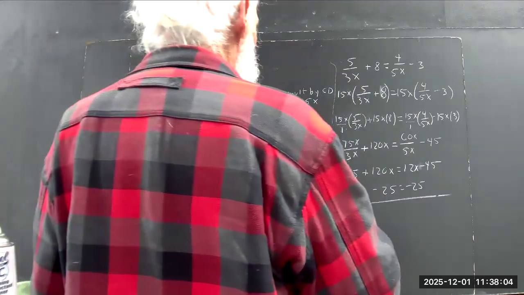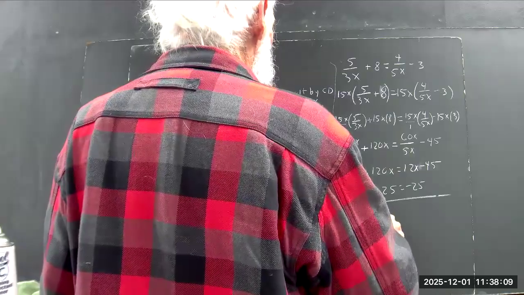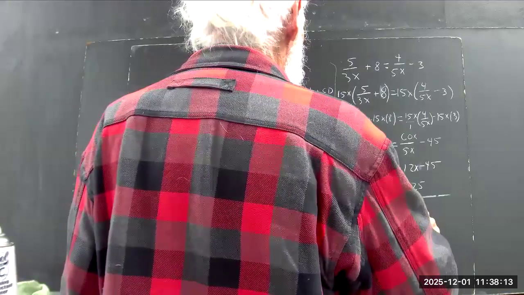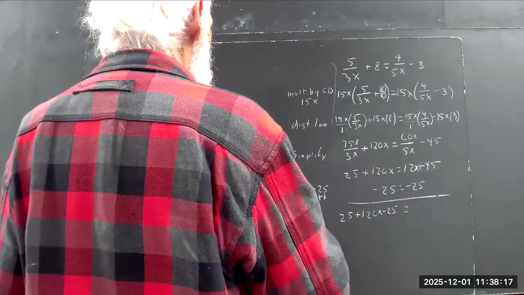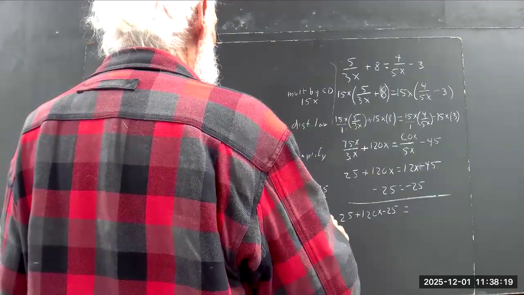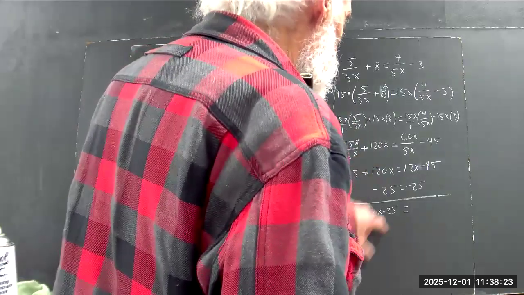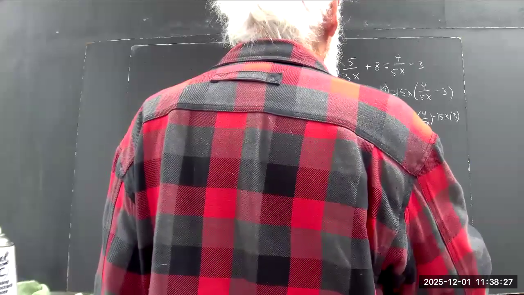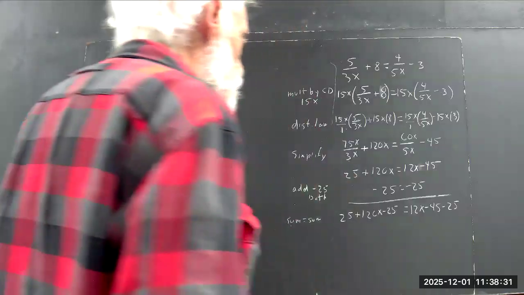But if you do, as I recommend, and write this now as 25 plus 120x minus 25. Saying that the sum of the left-hand sides gives you this, the sum of the right-hand sides gives you 12x minus 45 minus 25.